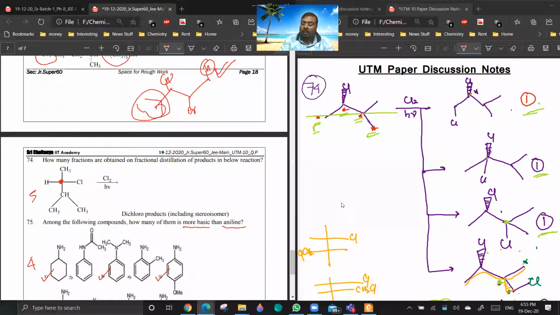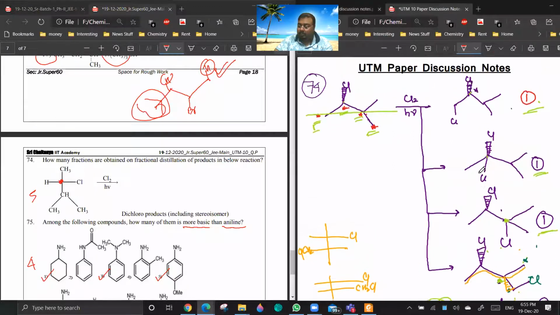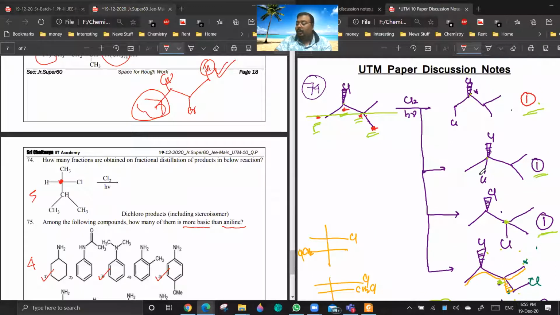Now you see, you can have 4 different positions at which you can do chlorination. So each one I have shown. In the first case, you are getting only one product because this is the stereo center, but here the configuration is fixed. You cannot change this configuration.